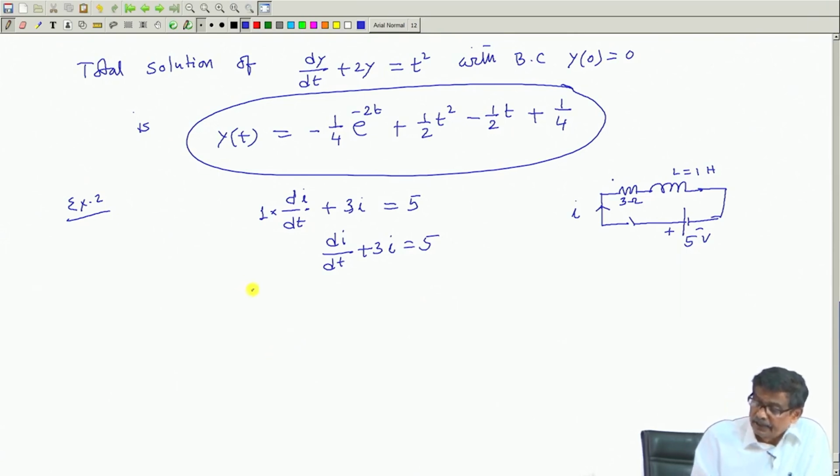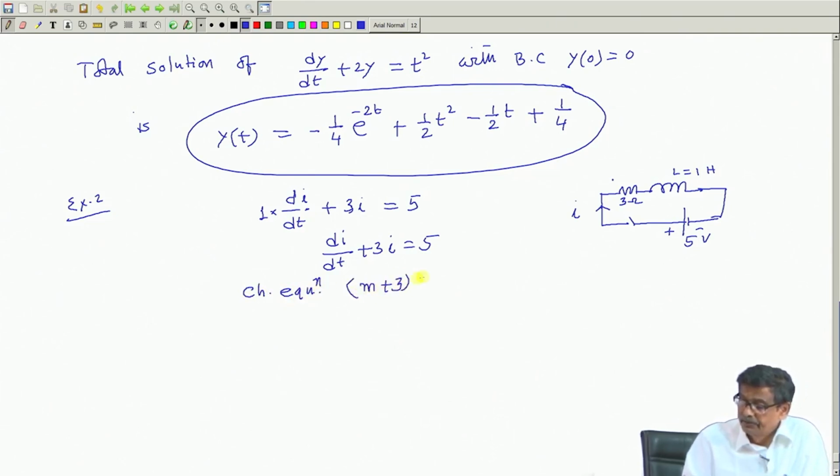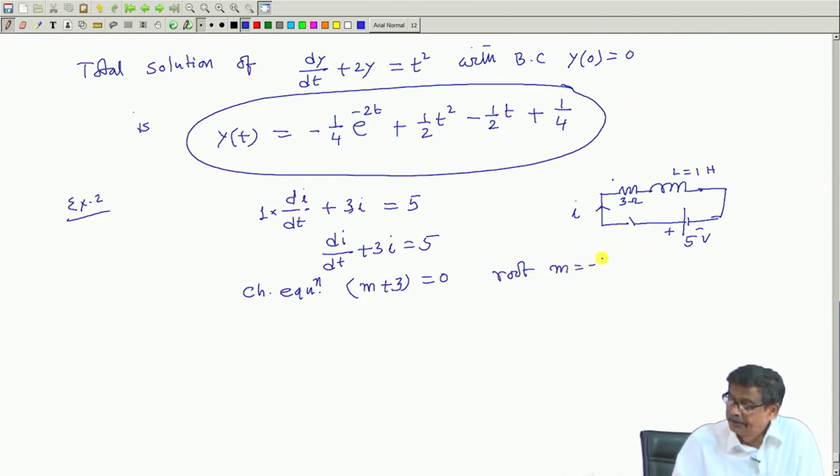First thing is the characteristic equation. m plus 3 is equal to 0, characteristic root is m equal to minus 3. This is your forcing function.